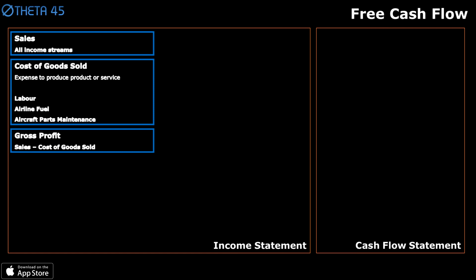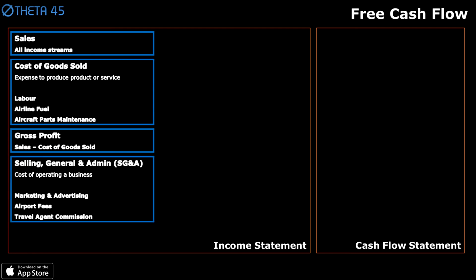Subtracting these items from the cash received in sales gives us the gross profit. To generate the sales and support the business, a company also has SG&A expenses that include marketing, airport fees, and sales commissions. Subtracting these costs from the gross profit gives us the operational profit.